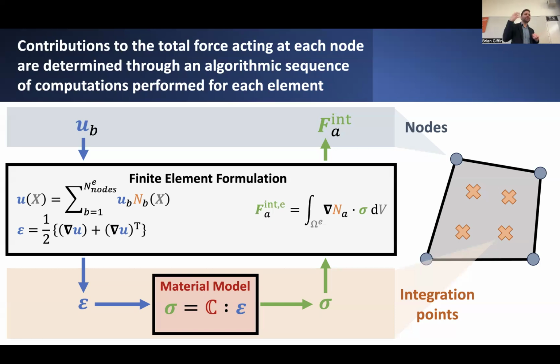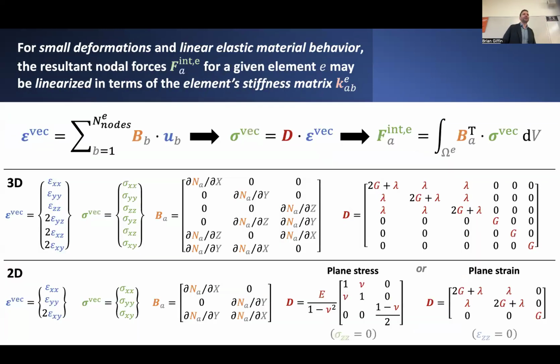And then finally, once we have stress, we can integrate that stress tensor multiplied by the gradient of our finite element shape functions over the whole element to come up with the effective resultant nodal forces that act at each one of the different nodes indexed by A. All right, so we have now this sequence of operations that relates displacement to resultant nodal force, involving all these different steps.